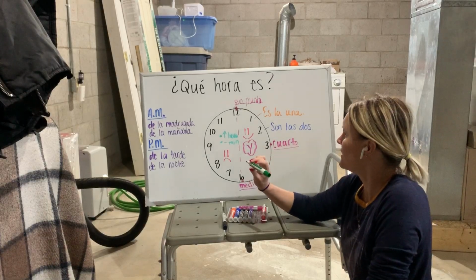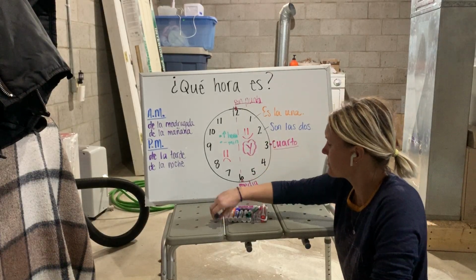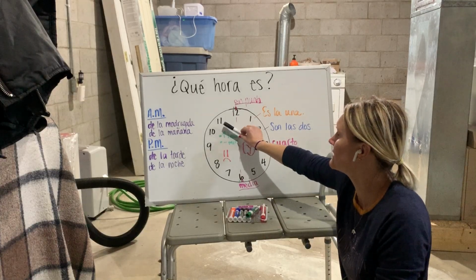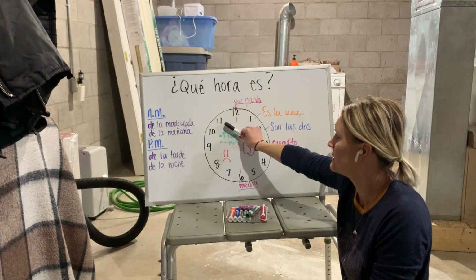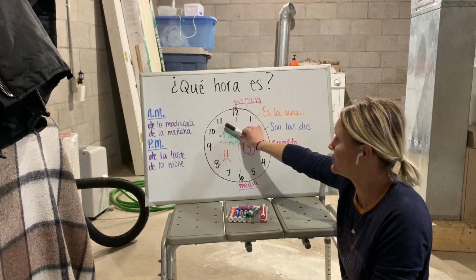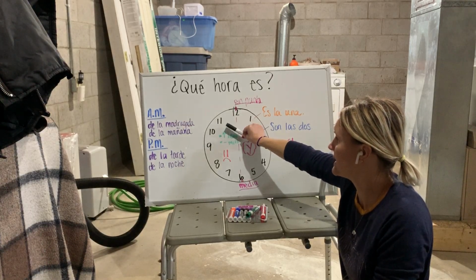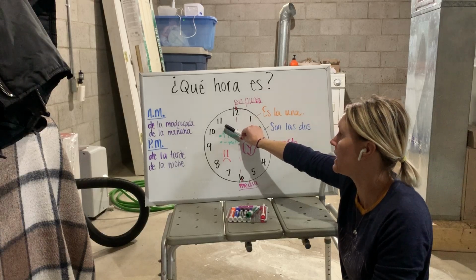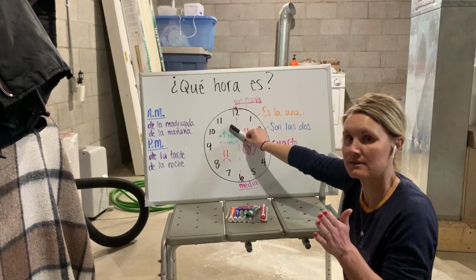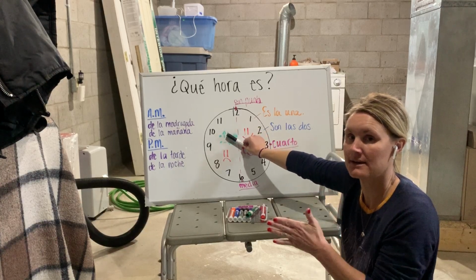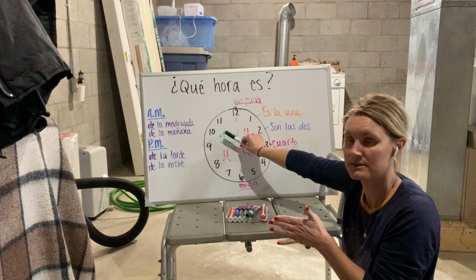So if it was 1:55, so my minute hand would be pointing here. First thing I need to do, I'm on the dark side, so I know that I first thing have to round up to the next hour. So if it's 1:55, the next hour would be 2 o'clock. Son las dos.